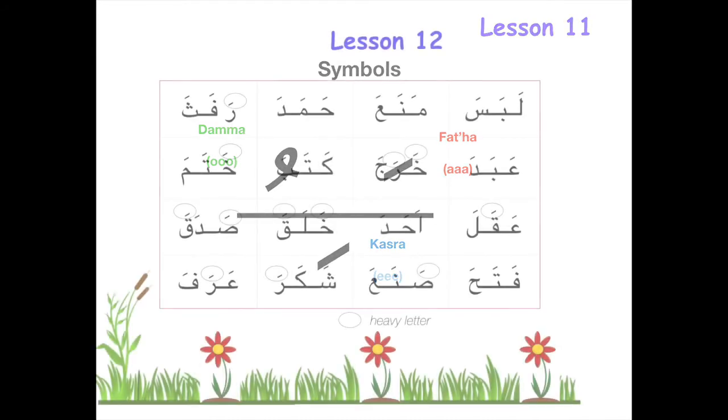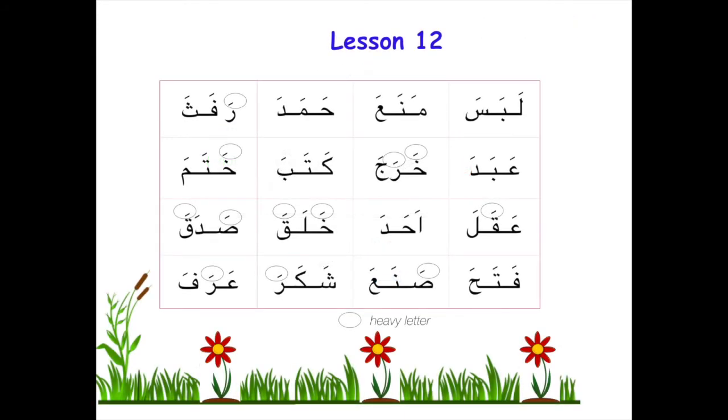So lesson number 12, we looked at just the fatha, and we have all the words that would have just the fatha. So you'd have la, ba, sa, ma, na, ha, ma, da, ra, fa, and so on. So take a look at lesson number 12 to remind you of how to use fatha in the word.